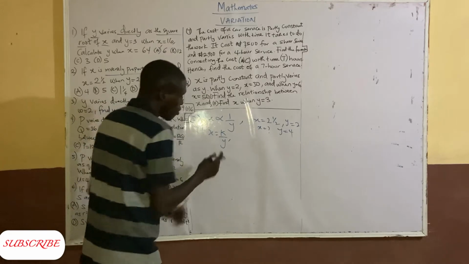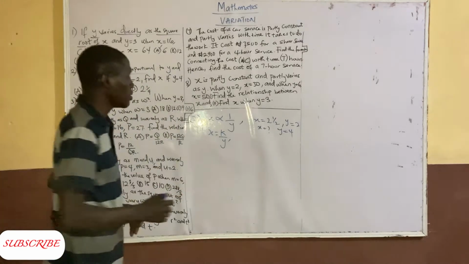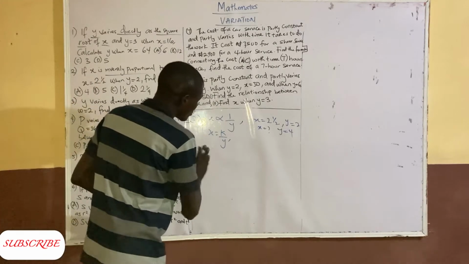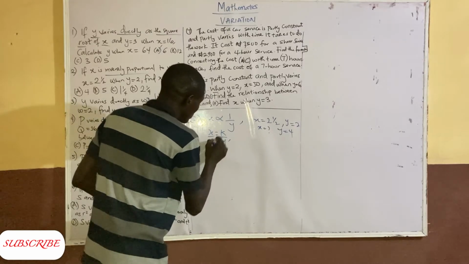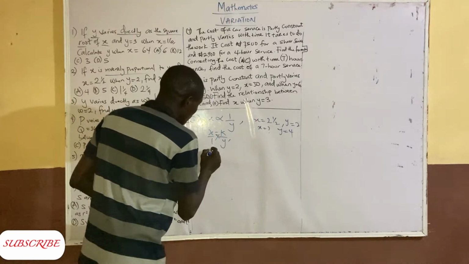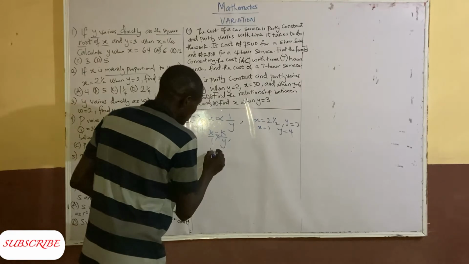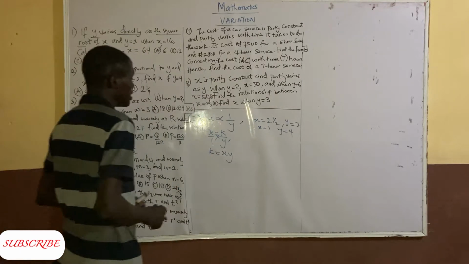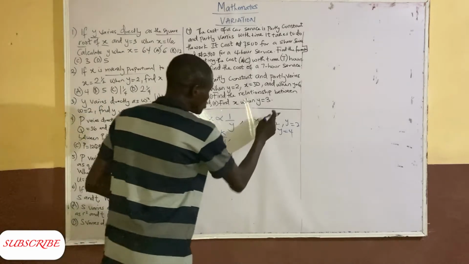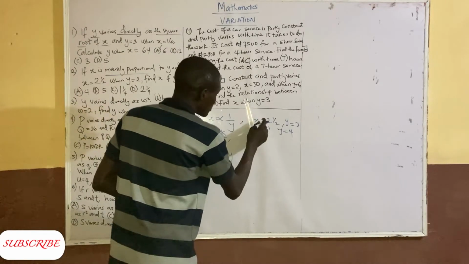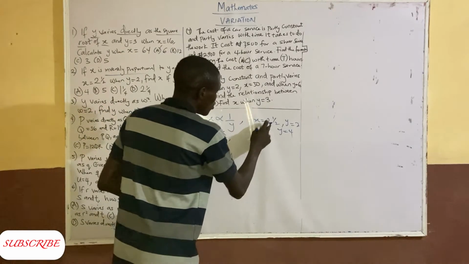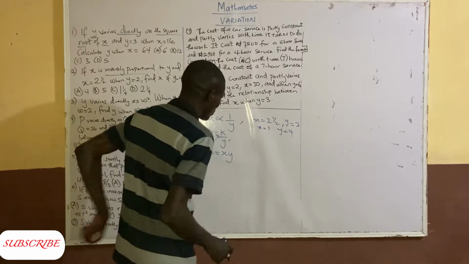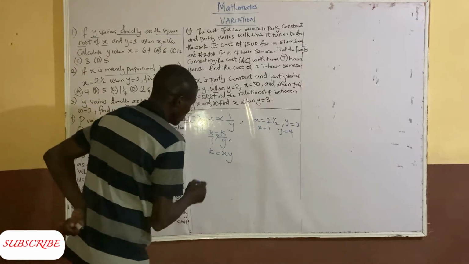Now we can calculate our constant. We look for our constant first. By cross multiplication, k times 1, which is k, equals xy. So from here we can easily get k by substituting x equal to 2 over 2 and y equal to 2. So x is equal to what?